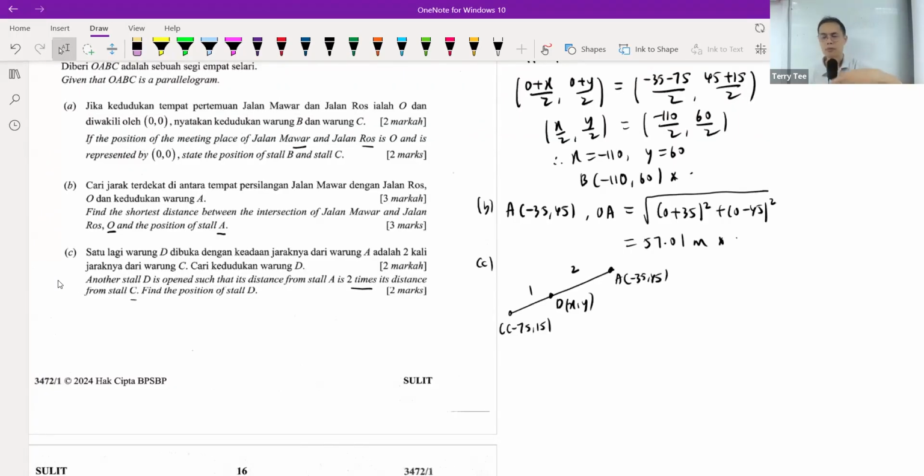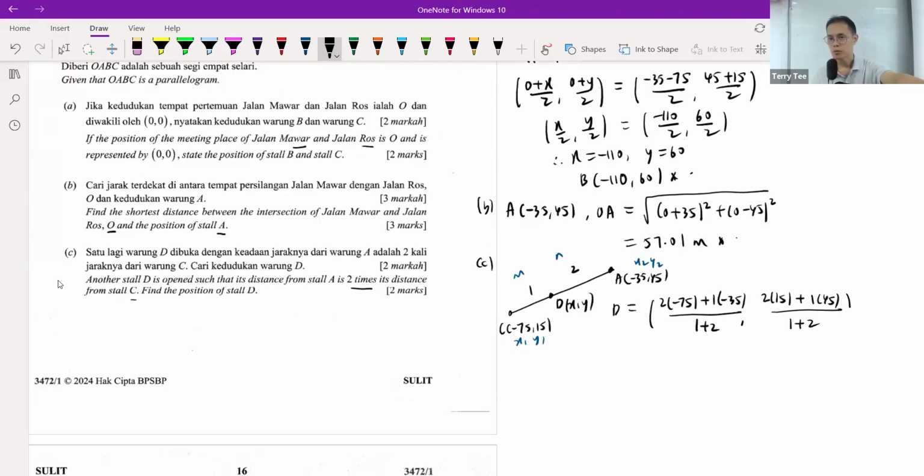So in order to find the coordinates of point D, we use the ratio formula. This is your m, this is your n, this is your x1, y1, x2, y2. So we take 2 times negative 75 plus 1 times negative 35, over the total ratio 1 plus 2. Then 2 times 15 plus 1 times 45, divided by the total ratio 1 plus 2.